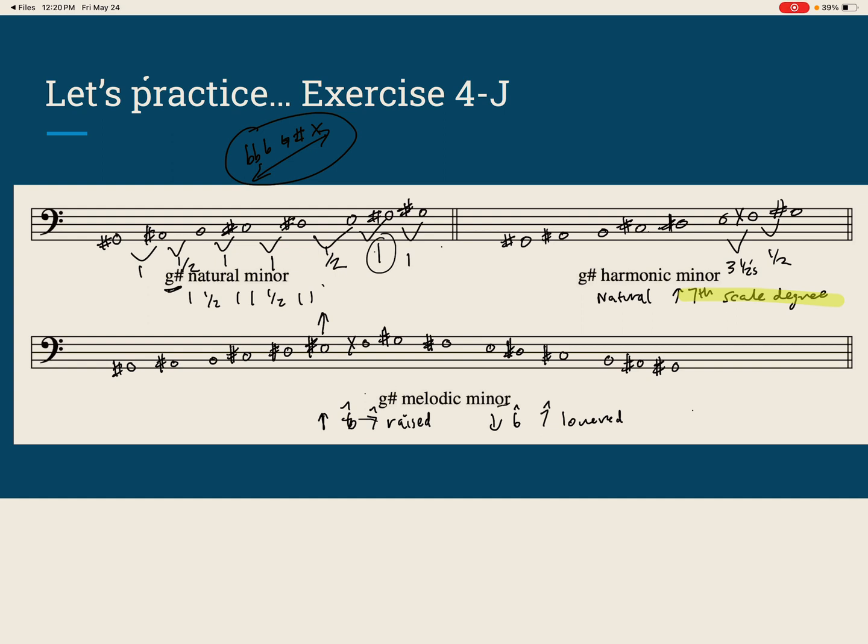And then G sharp melodic minor, so I'm going to play the ascending and descending of this. On the ascending version of it, going upwards, I'm going to raise scale degrees 6 and 7 by 1/2 step and lower them on the way down. Kind of like Yesterday, the song by the Beatles.